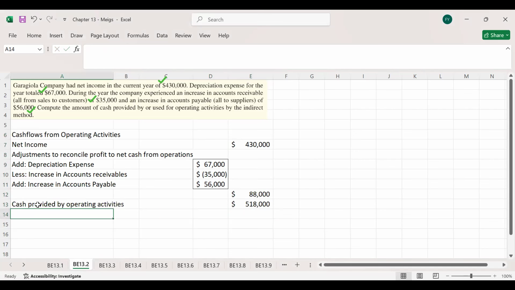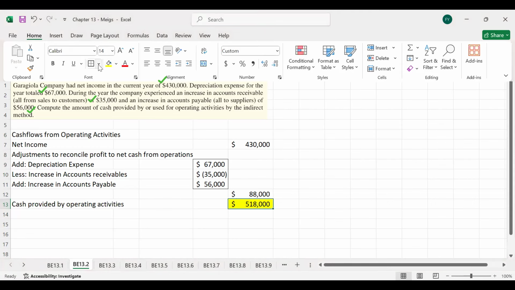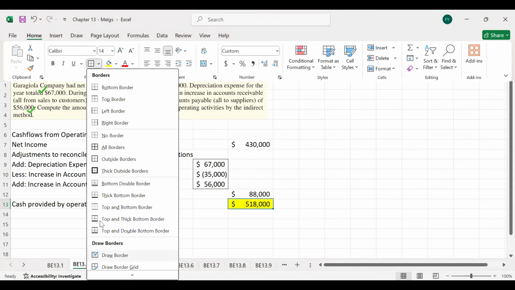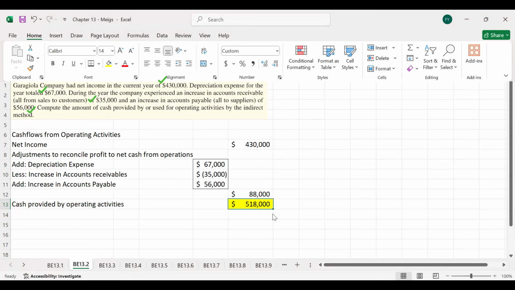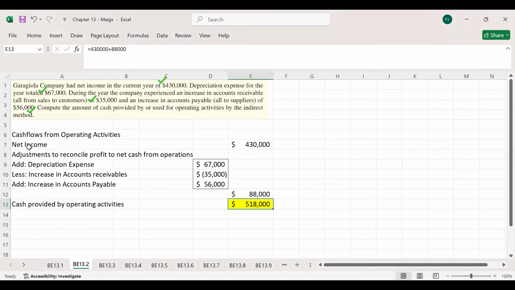This is the total cash provided by operating activities, and in contrast to the direct method, we started from net income, and then we adjust the items or different accounts to reconcile the profit from operations. So this is from brief exercise 13.2.